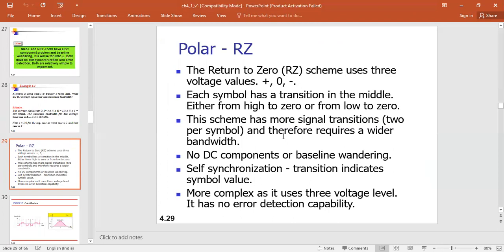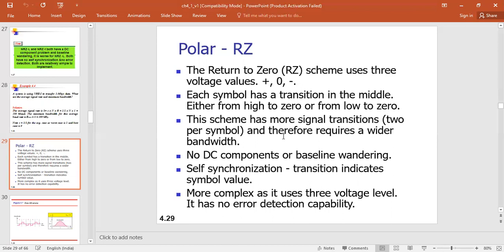In the polar RZ, that is the return to zero scheme, the values will be 0, plus, and minus. The main problem with the NRZ encoding is that the sender and receiver cannot be synchronized. But here, synchronization is provided by the return to zero scheme.